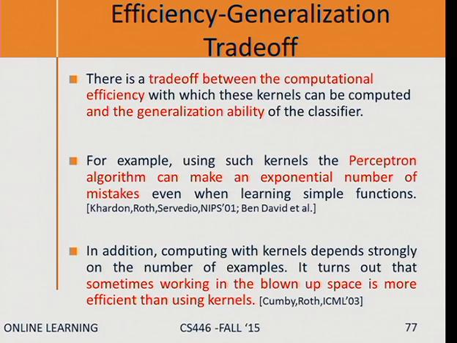Not a good idea, because maybe the function that you want to learn is actually a simple one, and you really effectively are blowing up your feature space and learning in a much more expressive function space. You're going to pay for it. And you can actually prove this, right? There are cases where you could have learned with perceptron in the linear space, in the original space, and if you use kernels, you're going to incur exponential cost. It's going to cost you exponentially.